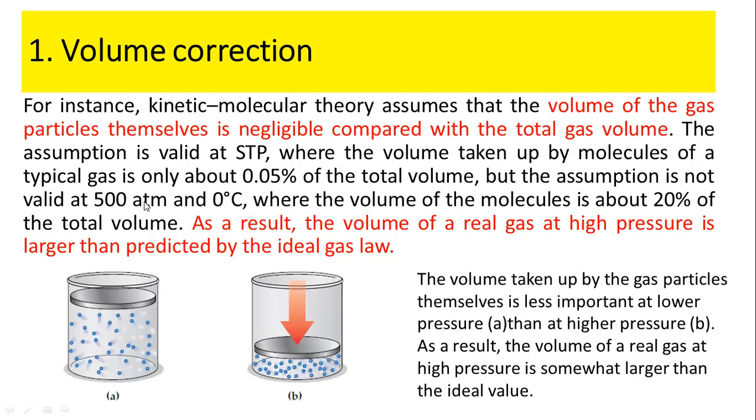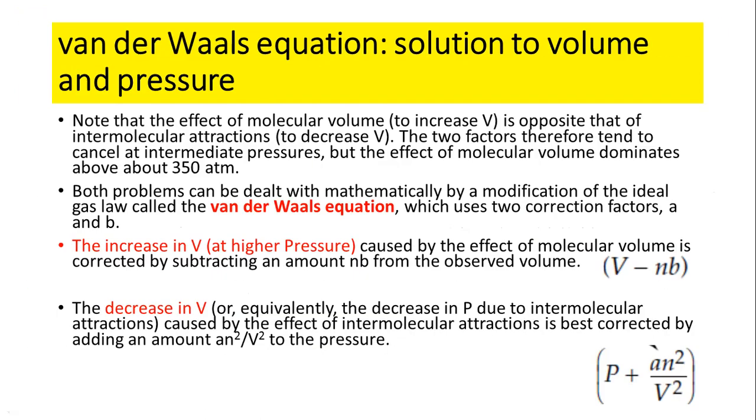When the pressure is higher, we have an increase in volume, because the volume is not negligible for real gases at high pressure. So this effect of the molecular volume is corrected by subtracting an amount nb from the observed volume. So this was the actual volume, and now the volume is increased in the case of real gases.